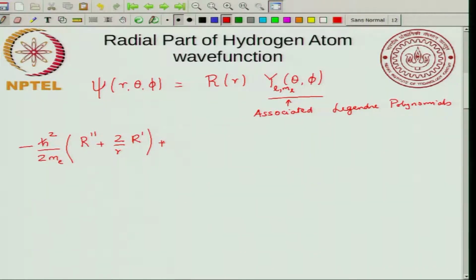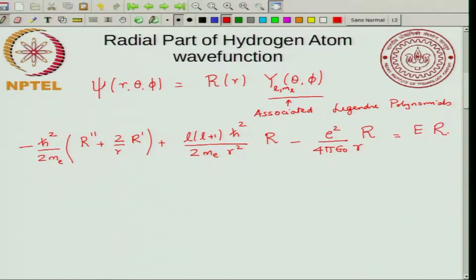Since you know the solution, we use that solution and write this as l(l+1) h bar square divided by 2 m_e r square times R. And then you have an additional term, minus e square by 4 pi epsilon 0 r, the potential energy, times R, equal to E times R.